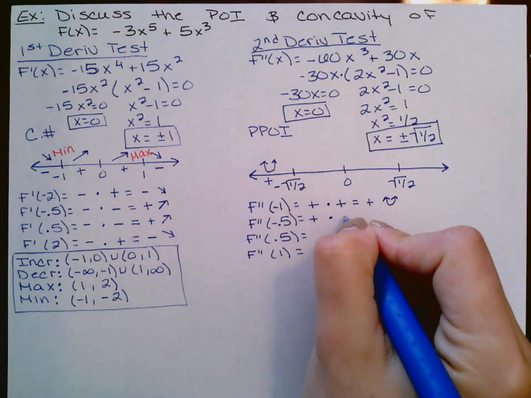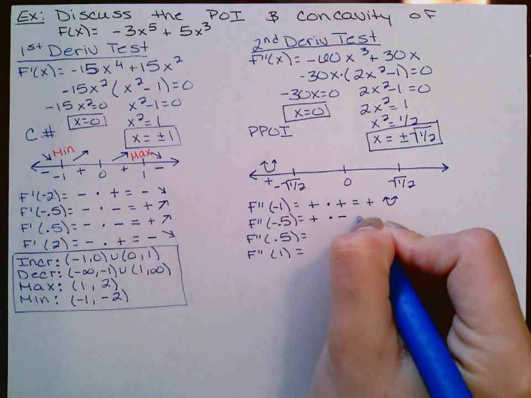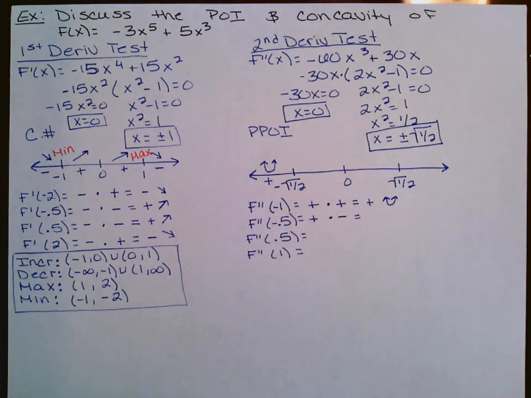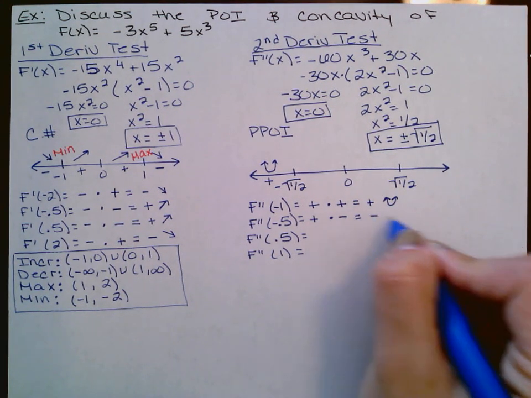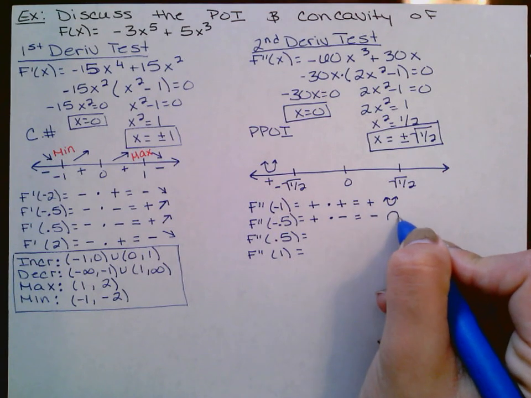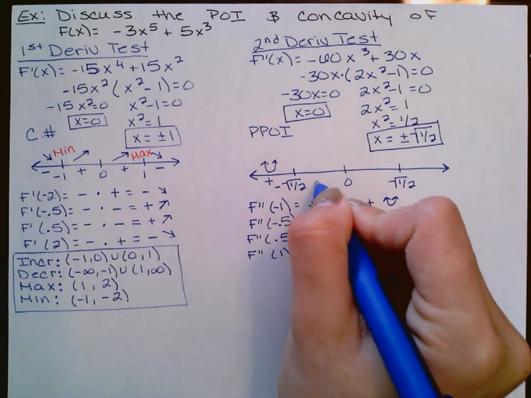If at any point you feel like these numbers are crazy, guys, I do have a calculator in front of me, okay? Not for all of them, but like for these decimals and radicals, don't be afraid to use your calculator, okay? Just so you can double check where this is coming from. Positive times negative is negative. All right, negative indicates concave down.